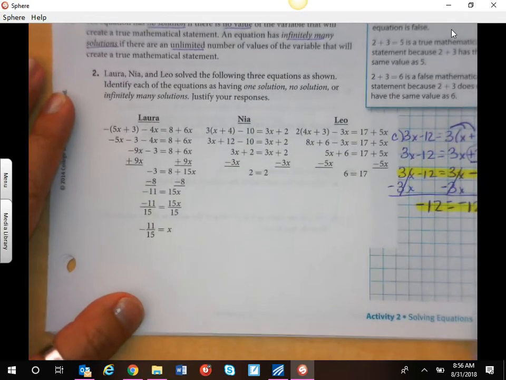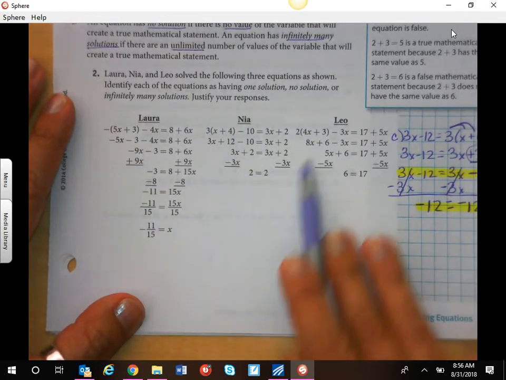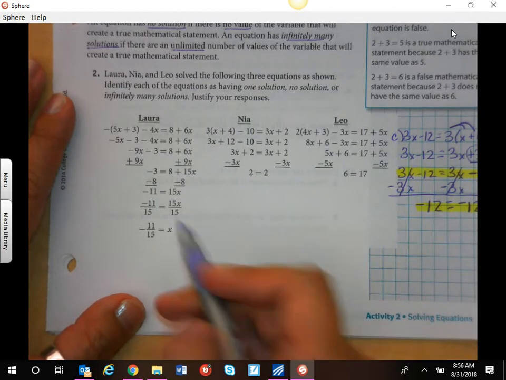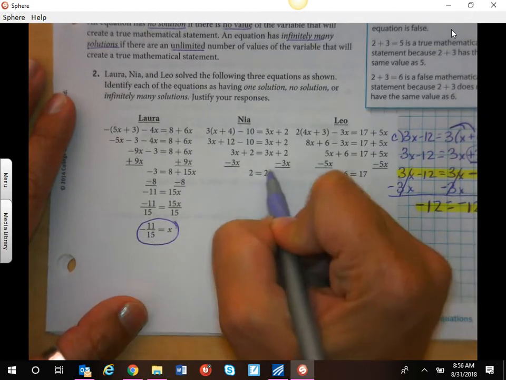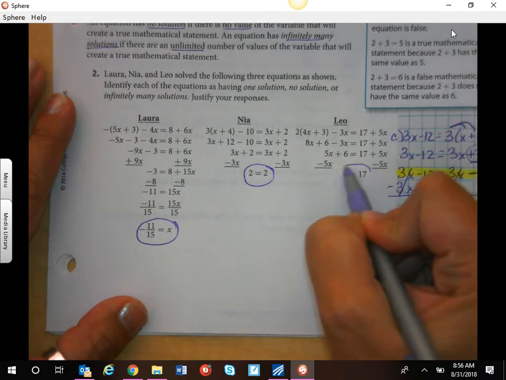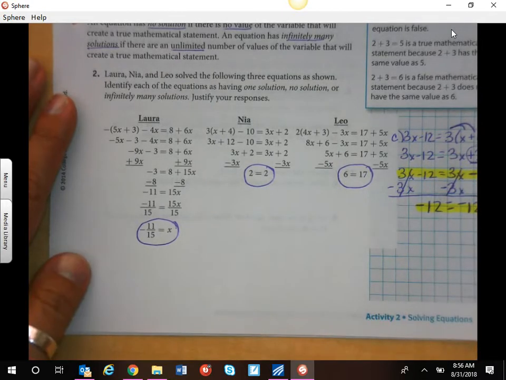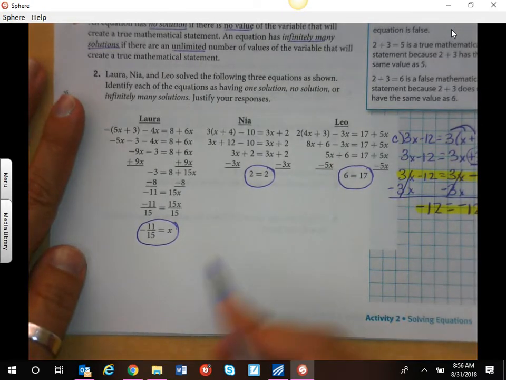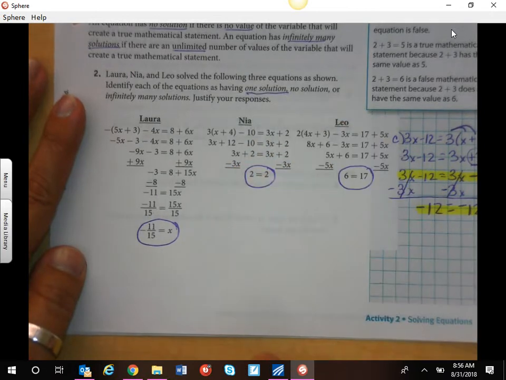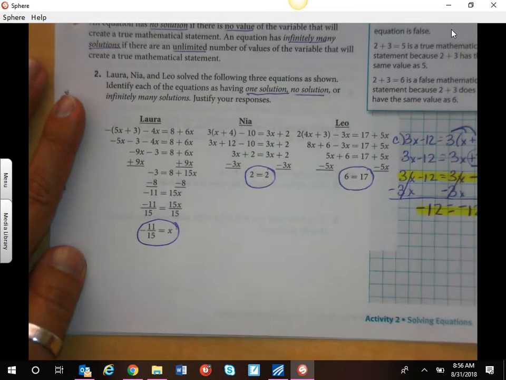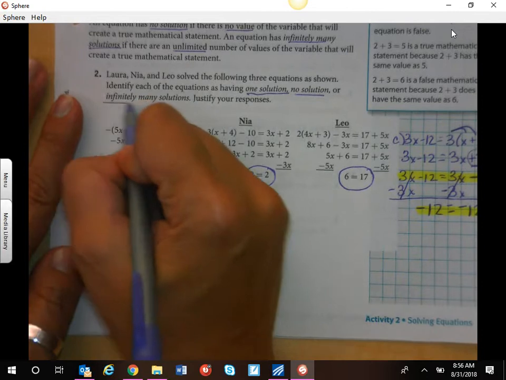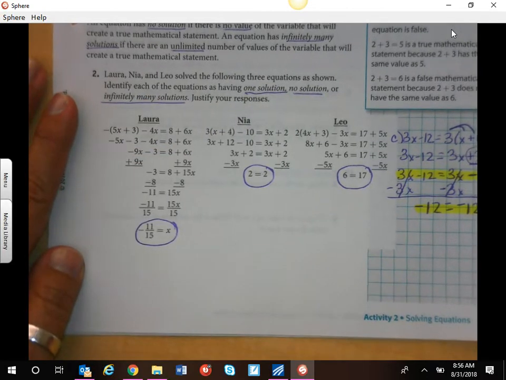They've worked out the problem correctly. I'm promising you that. I want you to look here, here, and here at their solutions, and label which one of these has only one solution, which one has no solution, and which one has infinitely many solutions.